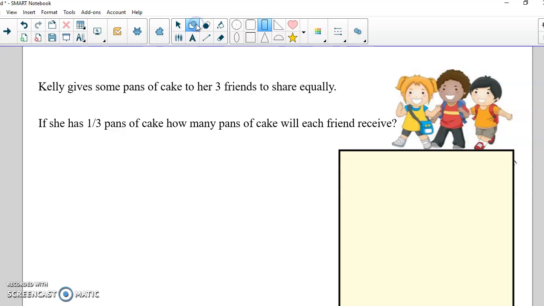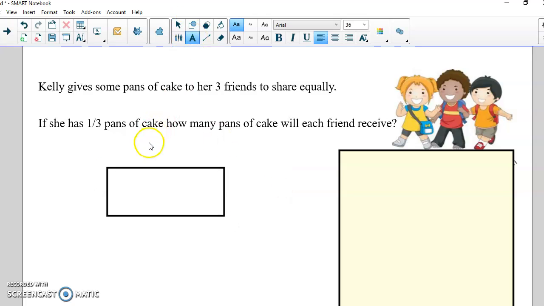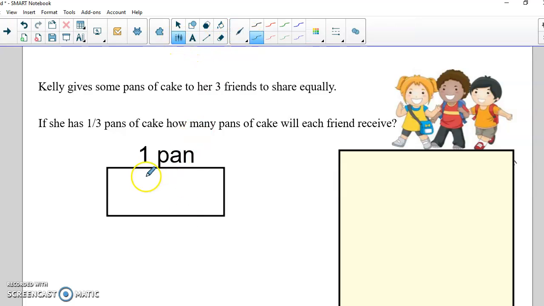Okay, so this time we still have 1 pan of cake. We want to make sure we label that. We'll just put 1 pan. But what do we know about this 1 pan of cake? It is only 1/3 full.